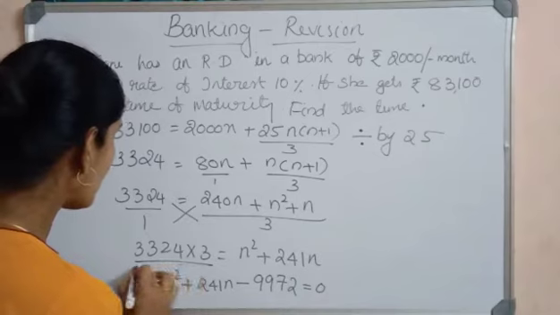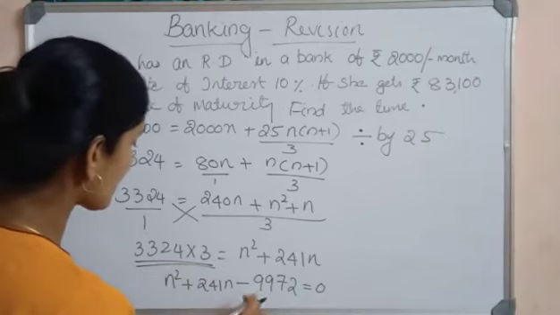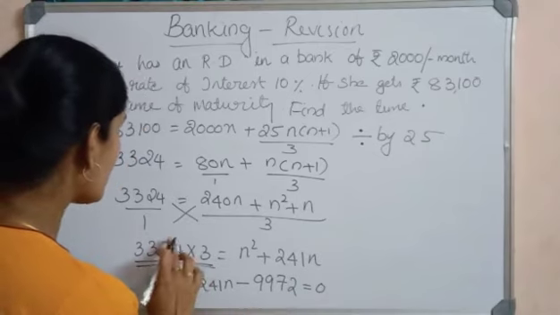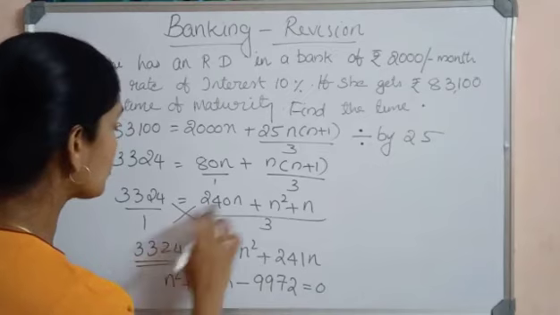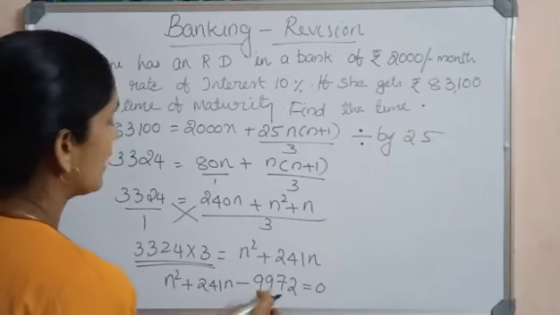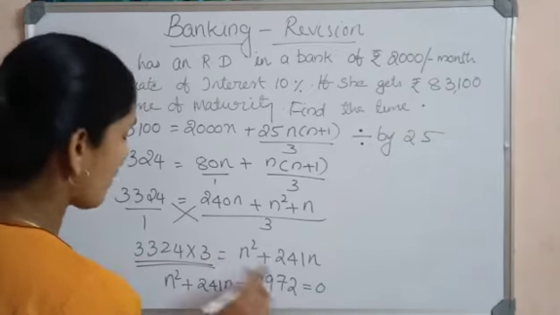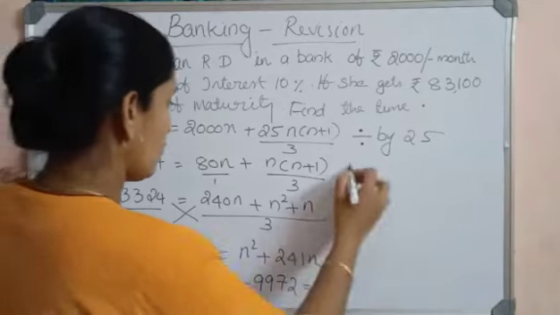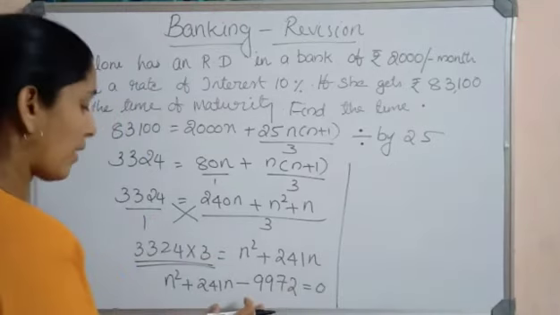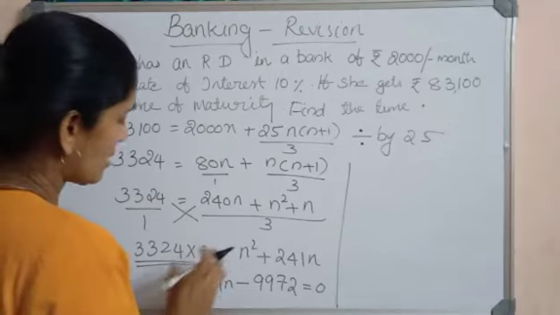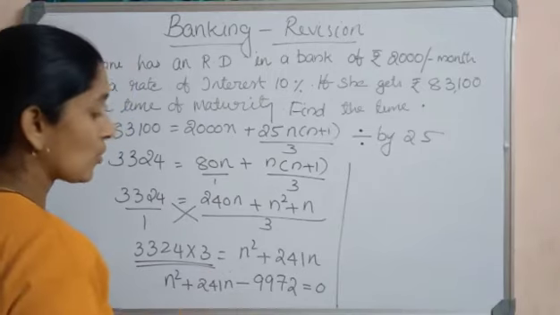Here when you multiply 3324 into 3, you get 9972, and since you are bringing this term to the other side, this will be minus 9972. So this is a quadratic equation. Now let's factorize this and find the values of n.